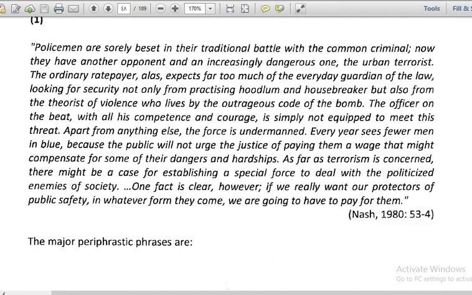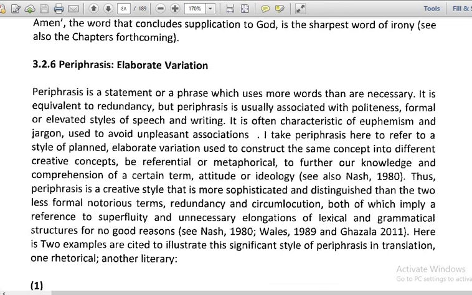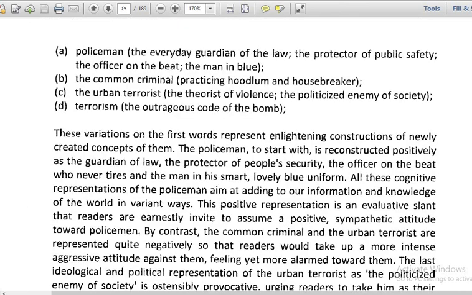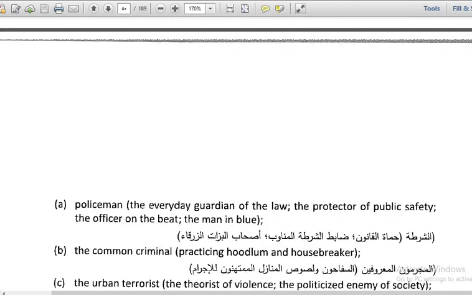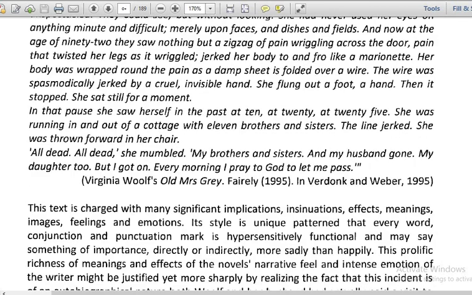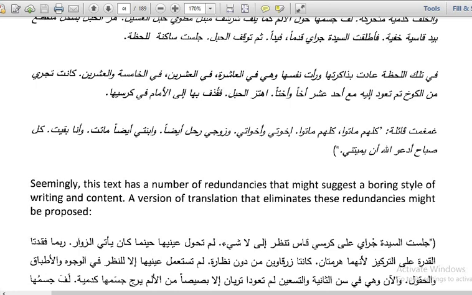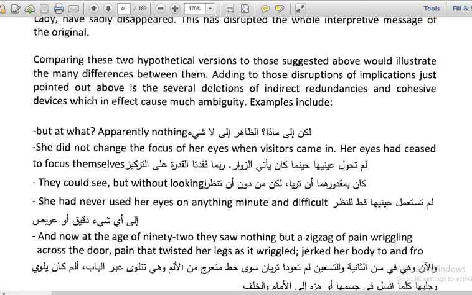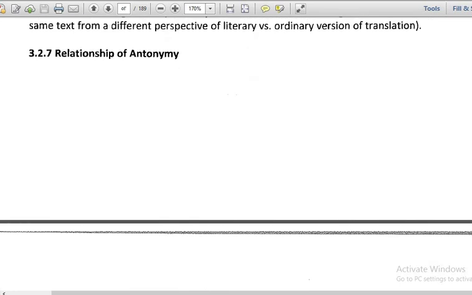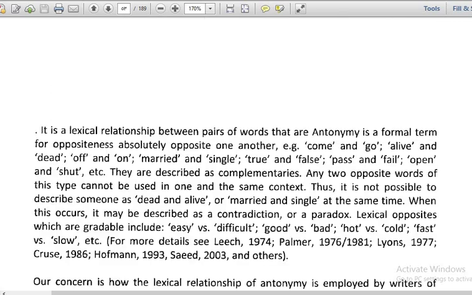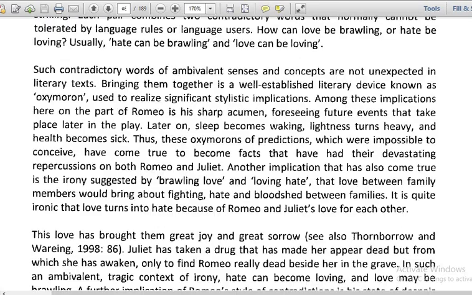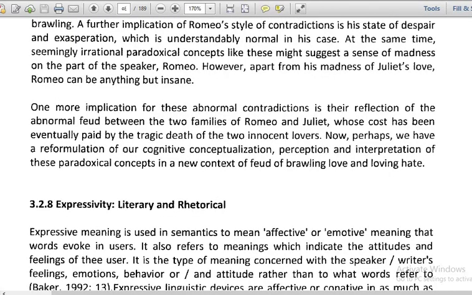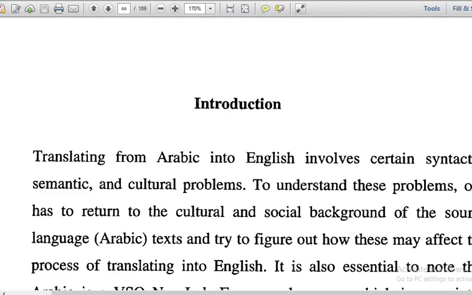Now we have reached page 48. Another example of variation. And we still continue with the other features of the literary language.